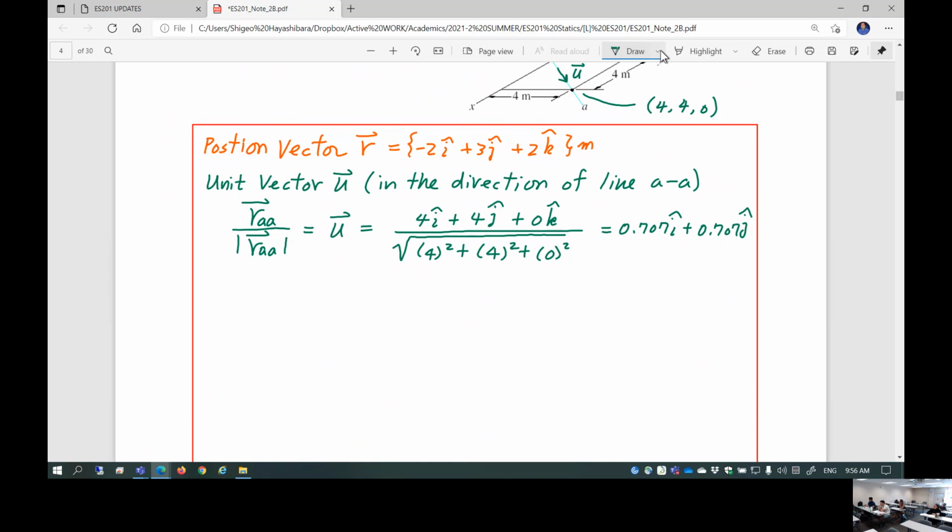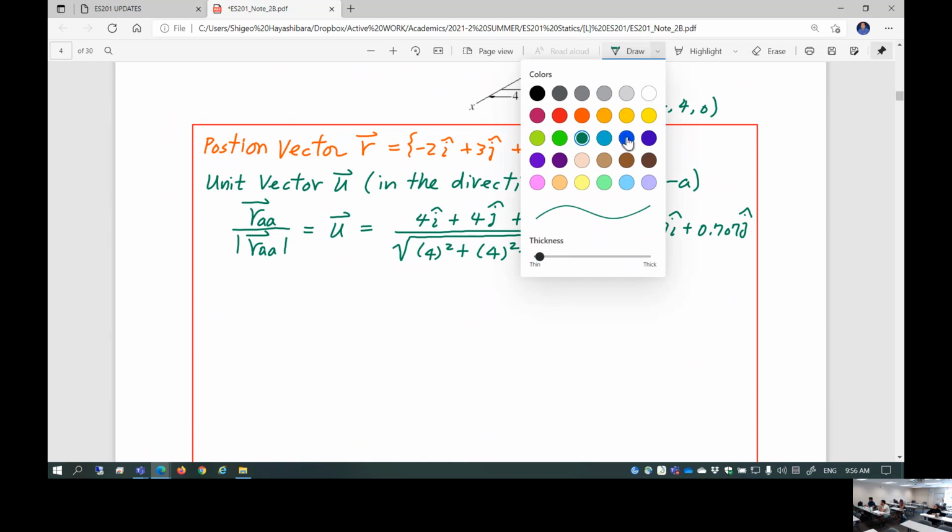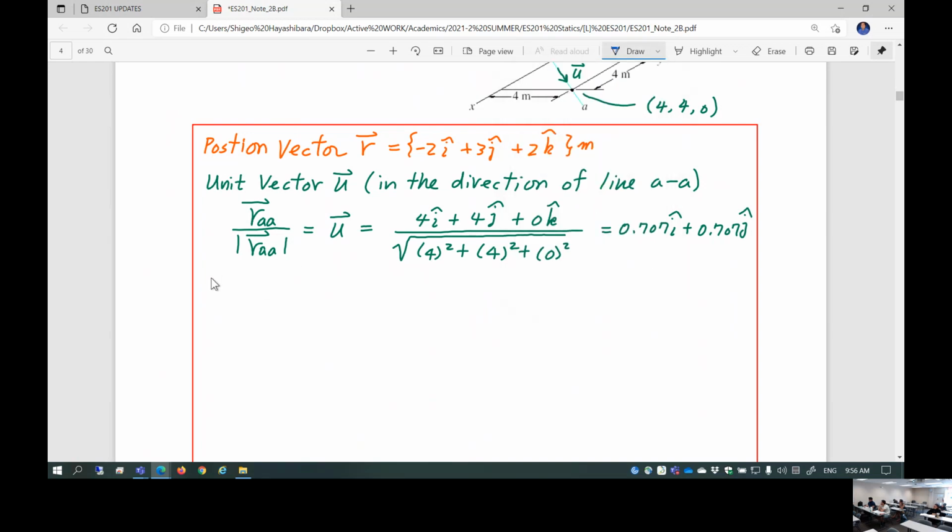So what is MAA? It's just a magnitude because you're going to take U dot product R cross F. Result is scalar, okay?